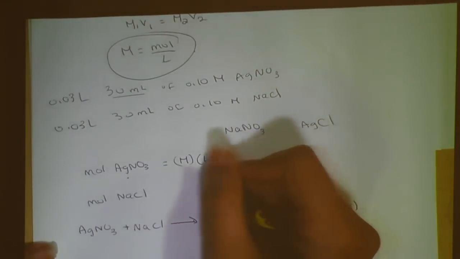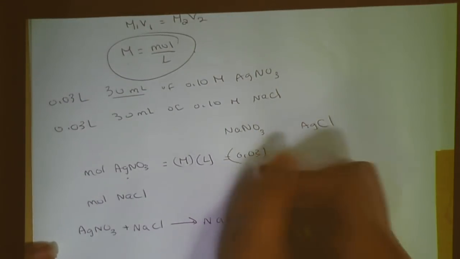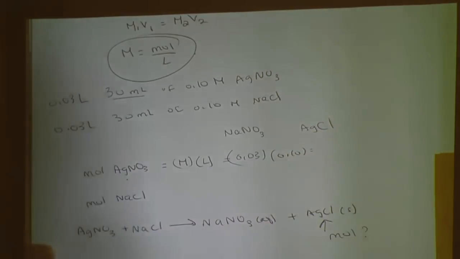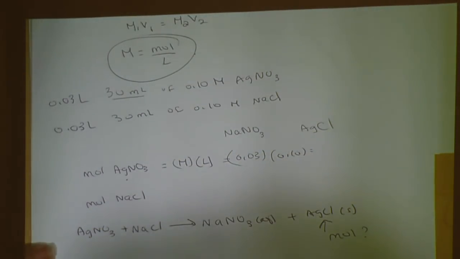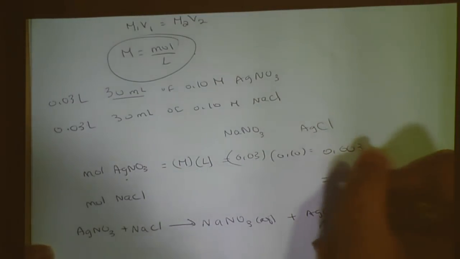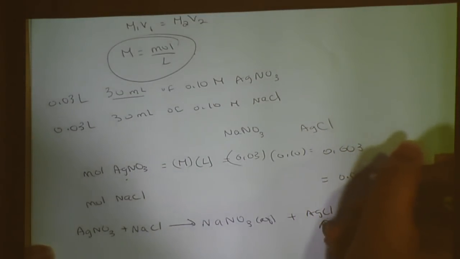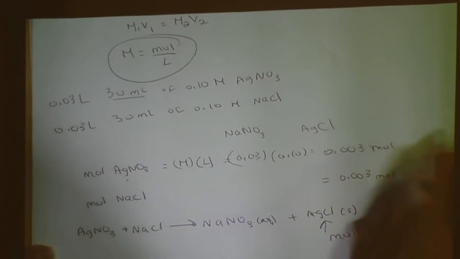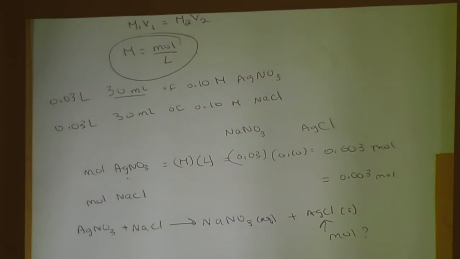So 0.03 times 0.10, 0.003, and here it's also going to be 0.003 moles. Okay? So you're given this.